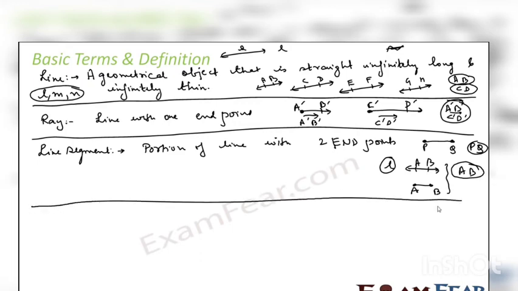There are other terms like collinear points. Collinear points are 3 or more points that lie in the same line.